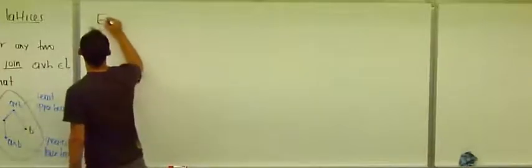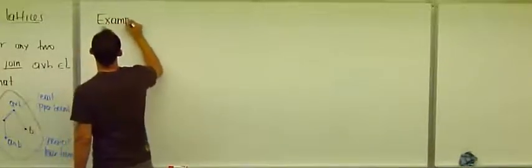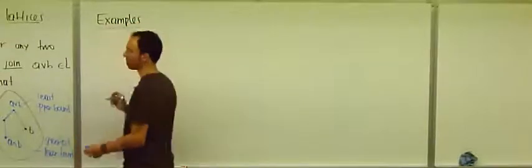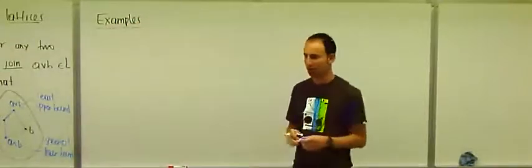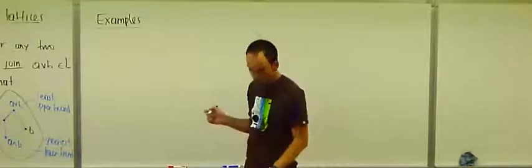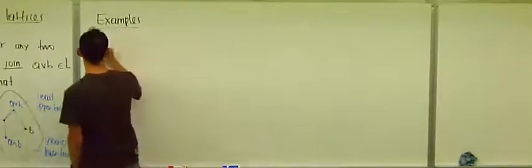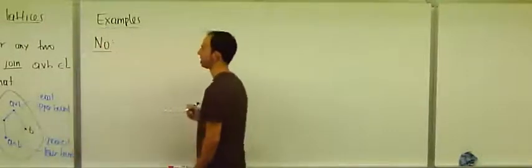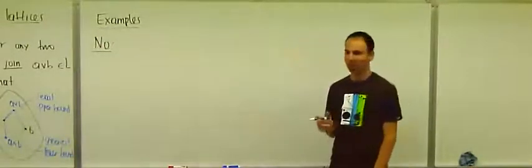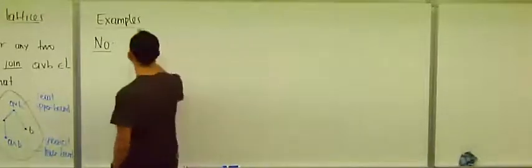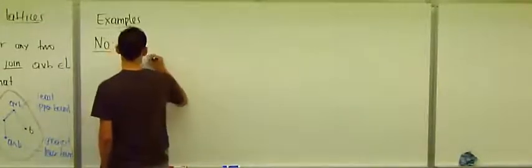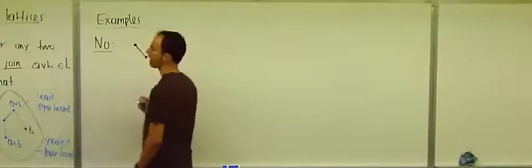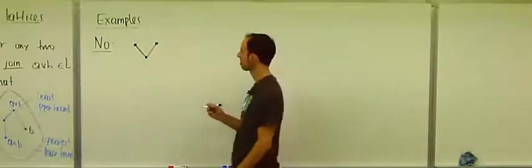Okay. So let's do some examples. That will show us what kinds of things are and are not lattices. I think very often it's more useful to see a non-example. So what is something that is not a lattice? Something like this is not a lattice. Do you agree?